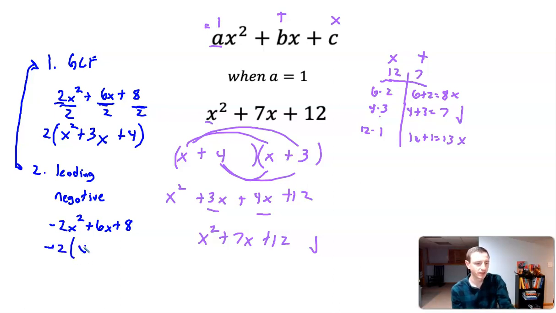And that's going to leave me with a positive x squared, because now the signs change. So positive x squared, and then 6 divided by negative 2 would be negative 3x, and then 8 divided by negative 2 would be negative 4. So whenever you have a leading negative, you want to make sure you're factoring out that leading negative.